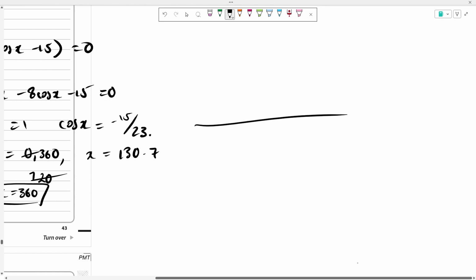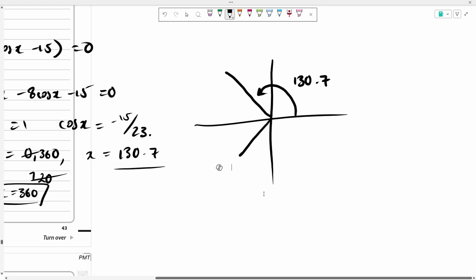Okay, and here we can again use a graph, or we can use a unit circle. This time I'm going to use a unit circle because why not? Essentially we want 130.7. So 130.7 is going to be this angle here. But which kind of reflection are we using? We're going to be going to the downwards reflection. This is because when we're using cos, it's kind of a reflection in the x-axis.